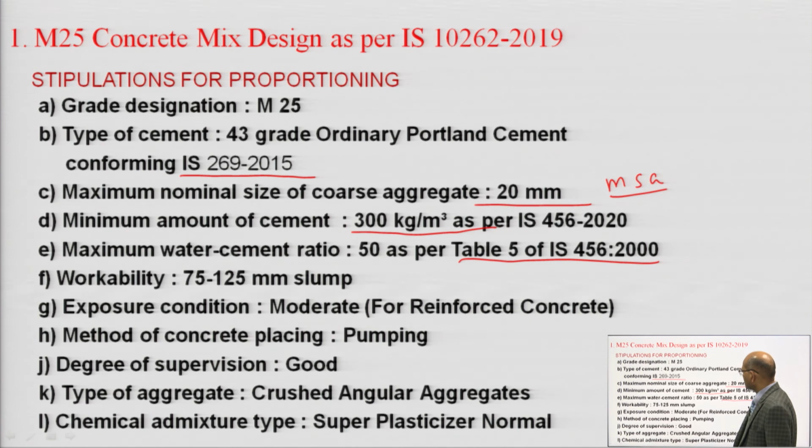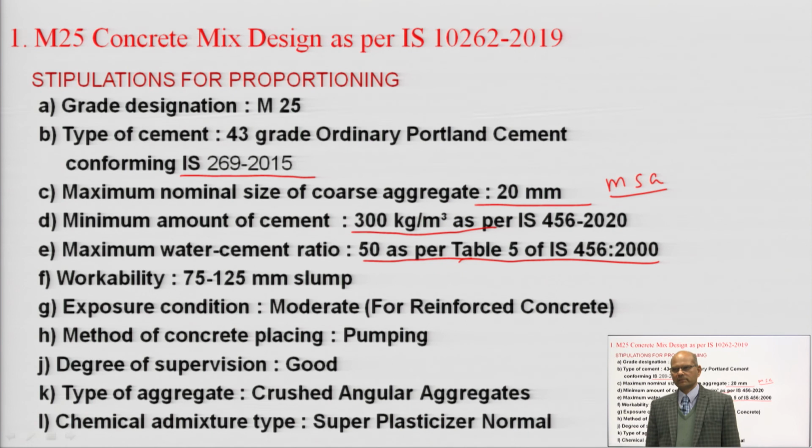Here in our case, if you see IS 456, the maximum water cement ratio for M25 under a moderate exposure condition is 0.50. Even if we are able to get the M25 strength with a water cement ratio of more than 0.50, we have to restrict it to 0.50. That is important.